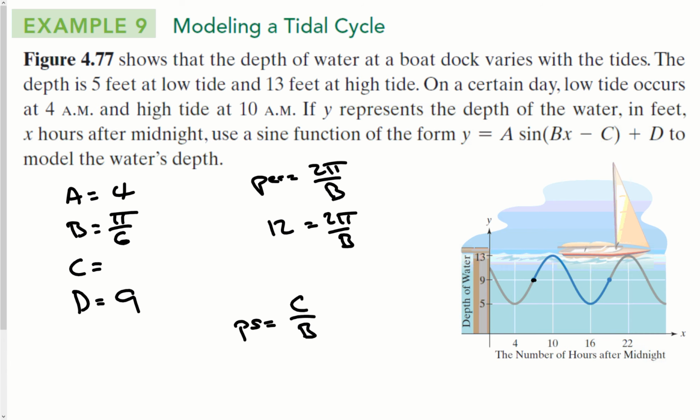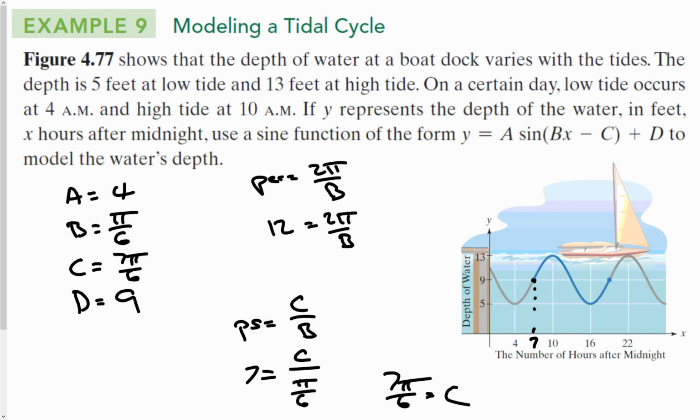So this seems like it is halfway in between 4 and 10. So that would be 7. So my phase shift is 7, and that's equal to C over B, which is pi over 6. So multiply both sides by pi over 6, and we get that 7 pi over 6 is equal to C.